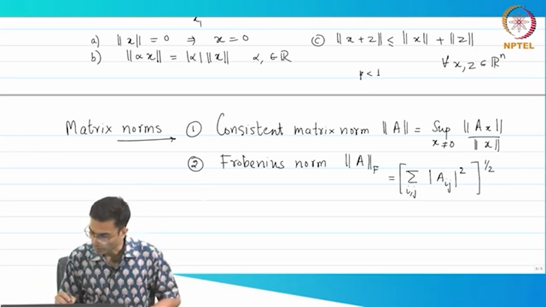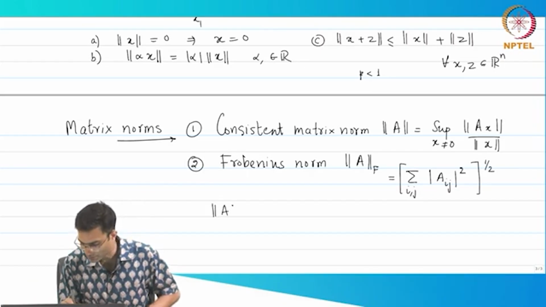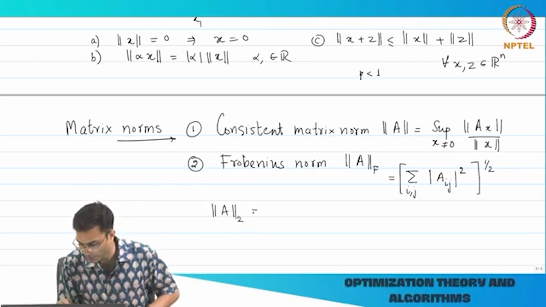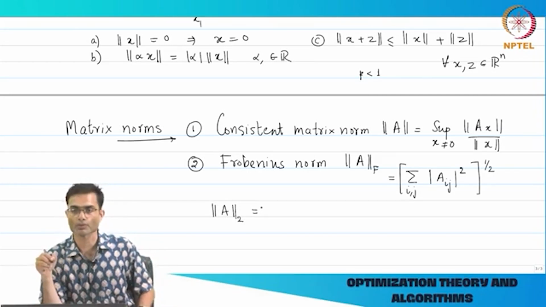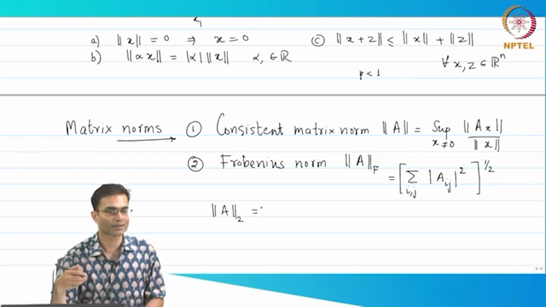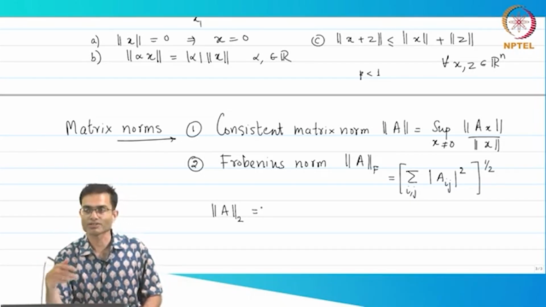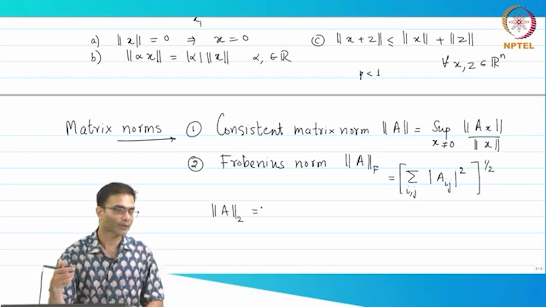On the other hand, if I talk of the consistent matrix norm with P equal to 2, this is something that we will use throughout the course. This has a very special interpretation. This is related to the singular values of a matrix.